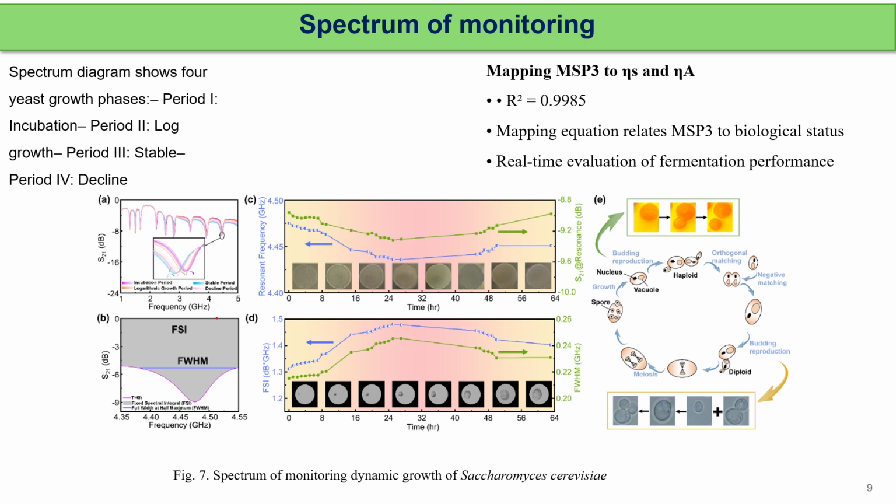The mapping between MSP3 and the biological survival and apoptosis rates achieved an R square of 0.9985, which means that the fit was extremely accurate. This allows us to evaluate fermentation performance in real time.